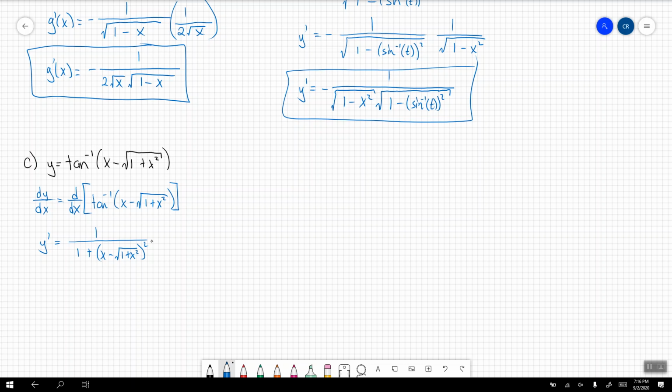Now I need to multiply this by the derivative of the inside. In other words, I am using the chain rule. So I need to take now the derivative of x minus, and I'm going to rewrite this slightly differently. This is going to be 1 plus x squared raised to the power of 1/2. There we are. Whew, that looks intense. All right, let's keep working with it then.